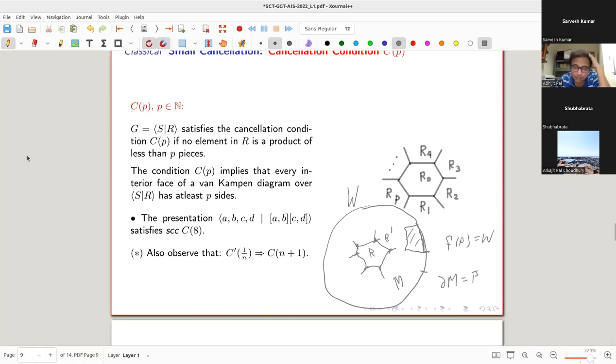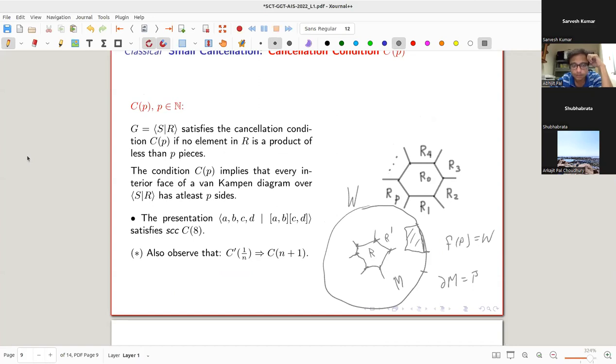One more question: is this definition of a small cancellation presentation invariant? If I change the presentation of the same group, the condition may change to some other C'(p'), right?